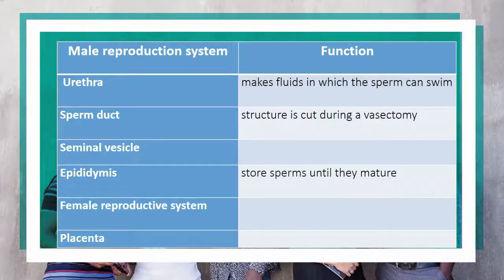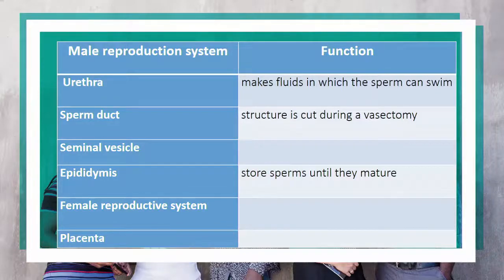And then it's important that you understand the male reproductive system, the different parts and the function of each part. I have given you a table, for example, where I've indicated the sperm duct, where you have to know what its function is. And there are 3 examples of the different parts of the male reproductive system.